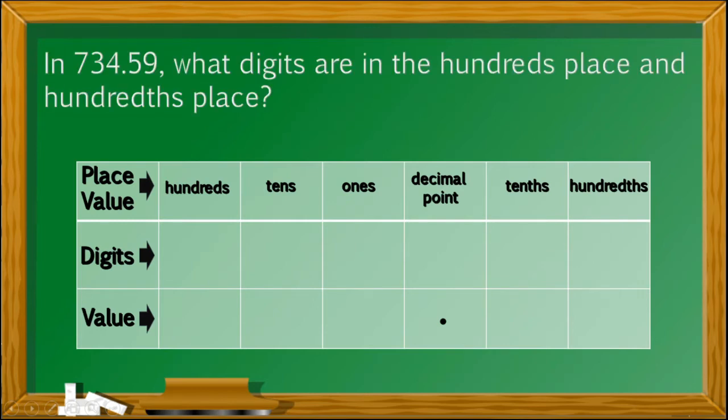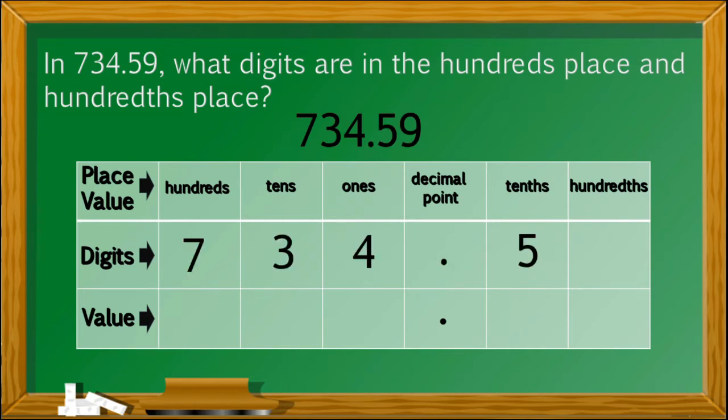Another example. In 734 and 59 hundredths, what digits are in the hundreds place and hundredths place? So again, ilagay muna natin sa place value chart. Ang tanong, anong hinahanap?